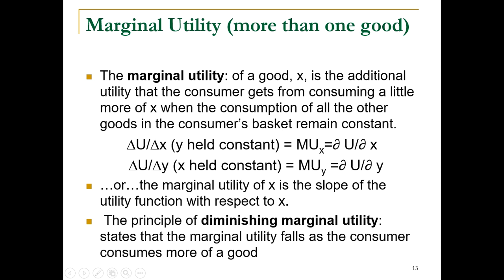Perfect. Now there are times when we don't have one good. We have two goods, good x and good y. The logic is the same. For us to find the marginal utility of each good, we just differentiate the utility function.